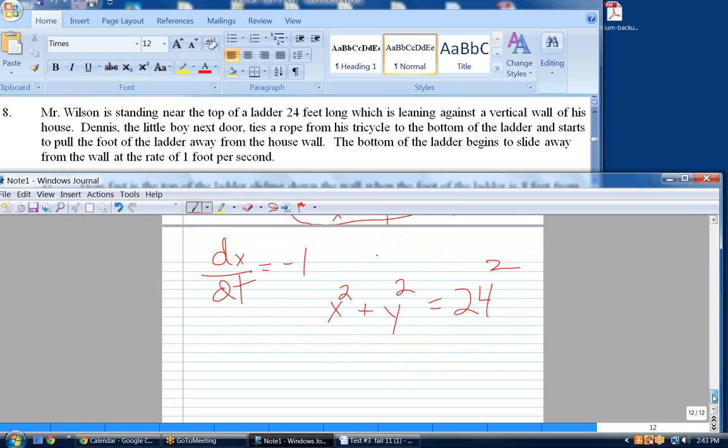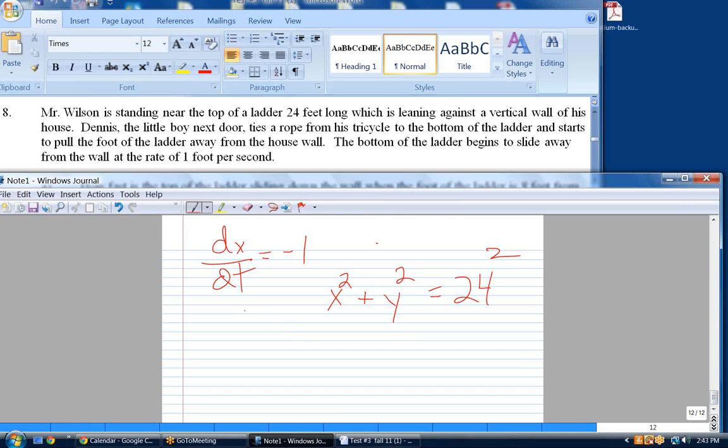Now let's implicitly differentiate this thing for dy/dt. So what is dy/dt equal to? We have 2x dx/dt. In other words, whenever we run into a variable that isn't t, we have to follow it with d of that variable relative to t.